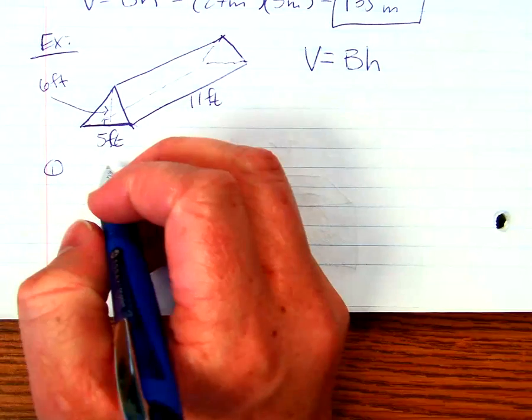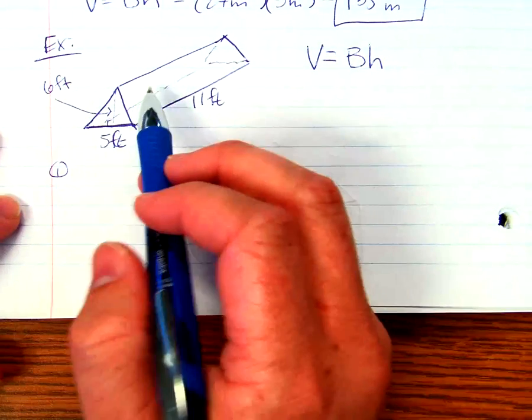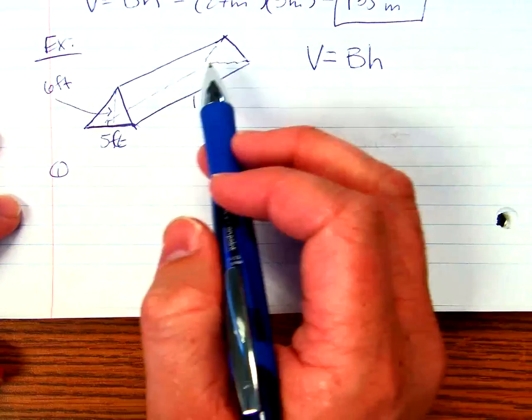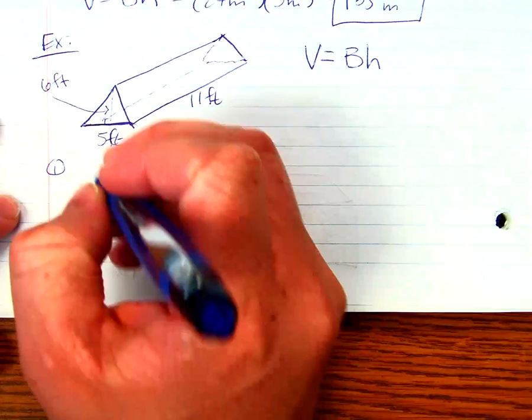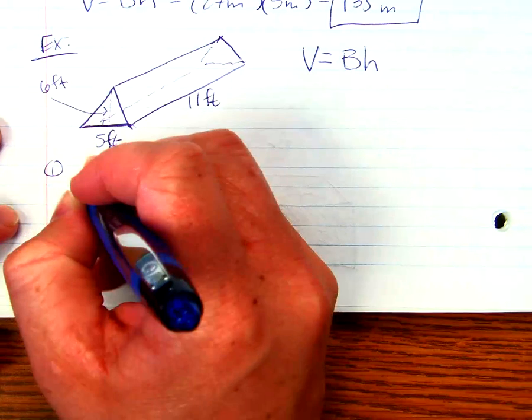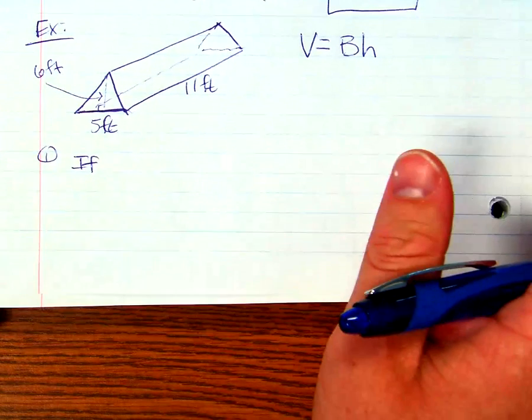Here's what you need to actually consider. In a prism, and this is a prism, it's got two shapes that match on the ends, and it's all connected with rectangles. In a prism, and this is the same for most 3D objects, we're going to start this off with an if, because this doesn't always happen.